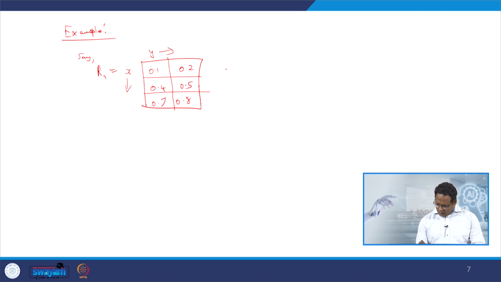And let us say R2 is defined on the Cartesian space of y and z sets. So y is in the row and z for the column of this matrix. They have the elements 0.9, 0.8, 0.7, 0.6.